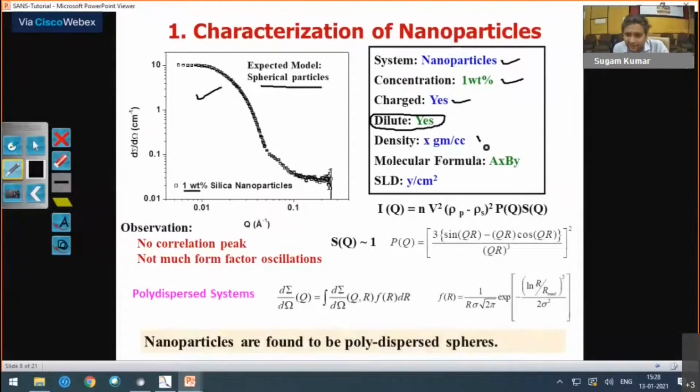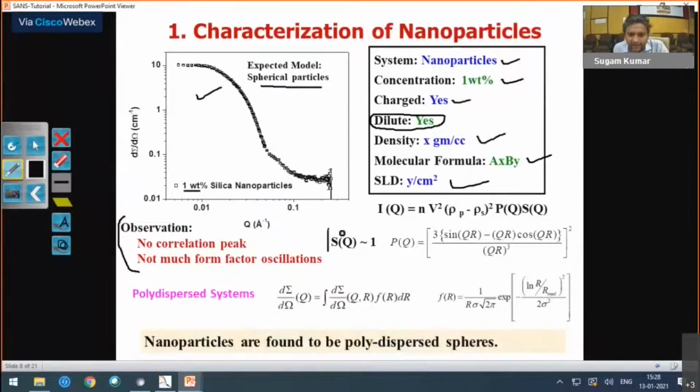Density, how much it may be: here I have written x gram per cc because it may be anything for any other sample. The molecular formula we know, this is SiO2, and the scattering length density we have previously calculated. This information we do have already. Now there are certain observations from the data. One is there is no correlation peak. This tells us that S(Q) will be 1.